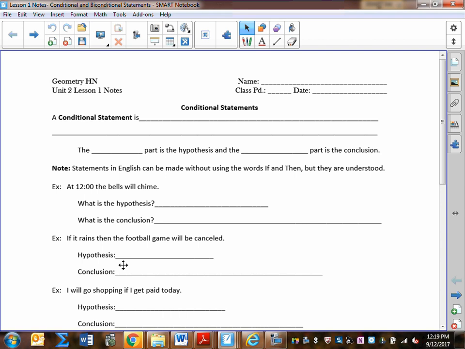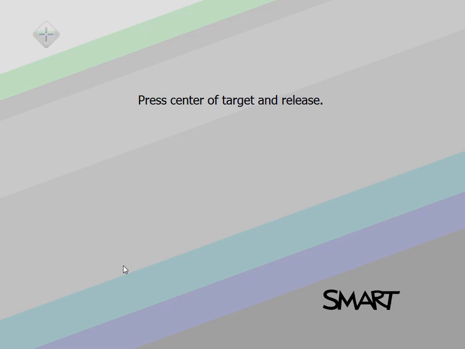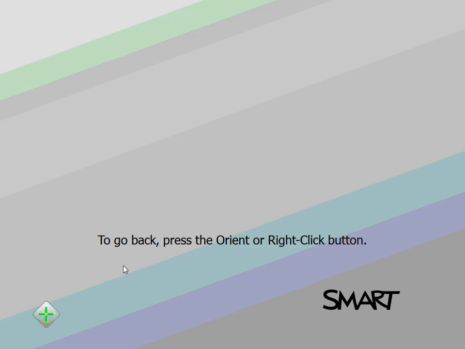Okay, conditional statements. Now, conditional statements you've been using your whole life. You probably just didn't know they were called conditional statements. A conditional statement is an if-then statement.